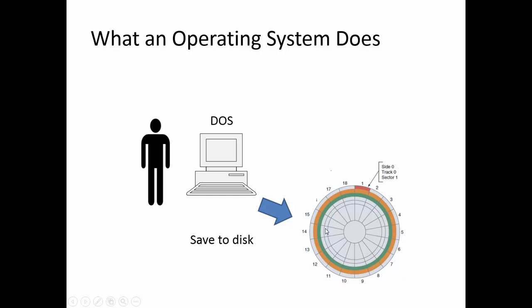We just click on File Save, and the operating system finds a free spot on the hard disk and saves the file there. Conversely, if you want to run some program such as Microsoft Word or Microsoft Excel, it has to come off of the hard disk. But you and I, we don't know that Microsoft Word is located on track 3, sector 18. We just double click and the operating system finds the program that we want to use, located on track 3, sector 18, and it pulls it off the hard disk and loads it into memory.